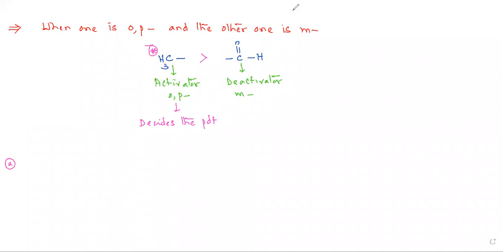Let us take the three types again. Now, when this is subjected to nitration again, this group is very important. One of the ortho positions is blocked.